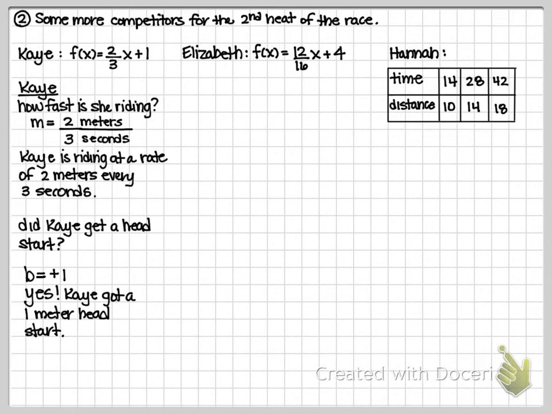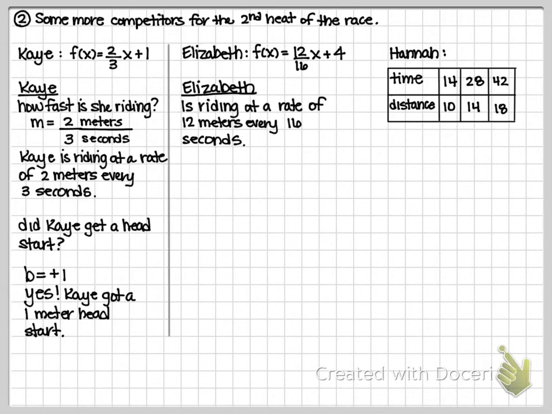I want you to take these questions and answer them for Elizabeth as well. So by looking at the slope, I was able to identify that she was riding at a rate of 12 meters every 16 seconds.